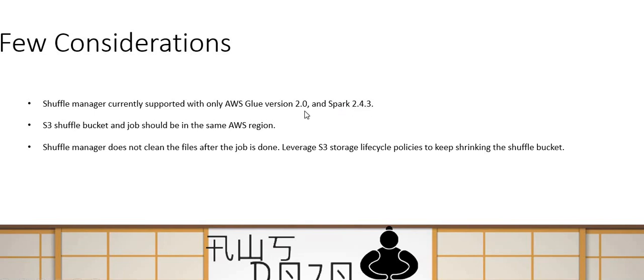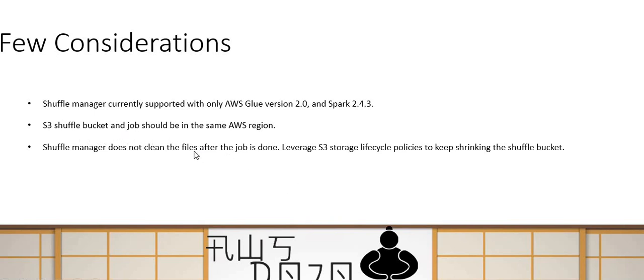To be honest, I have not tested with 3.0, so I'm not sure it works with that or not. But the official AWS documentation says that Shuffle Manager works with Glue 2.0 and Spark 2.4.3 only. Your Shuffle bucket location and your job location should both be in the same region. So yeah, same region for both job and Shuffle bucket.